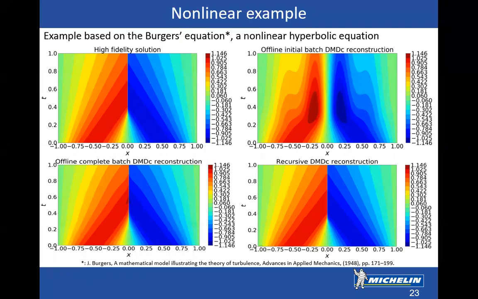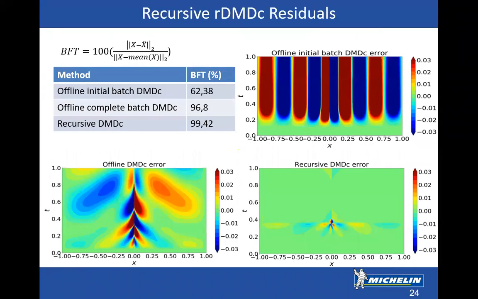We can't even see the error between them. So if we try to quantify the errors, we can see in this one the residual error of the offline initial batch DMDC. It's only errors. There's nothing true in it, except before 0.18. For the offline DMDC error, it has errors, especially at the lines in between for the nonlinearity and in the middle. In fact, the errors here are not limited between minus 0.03 and 0.03.